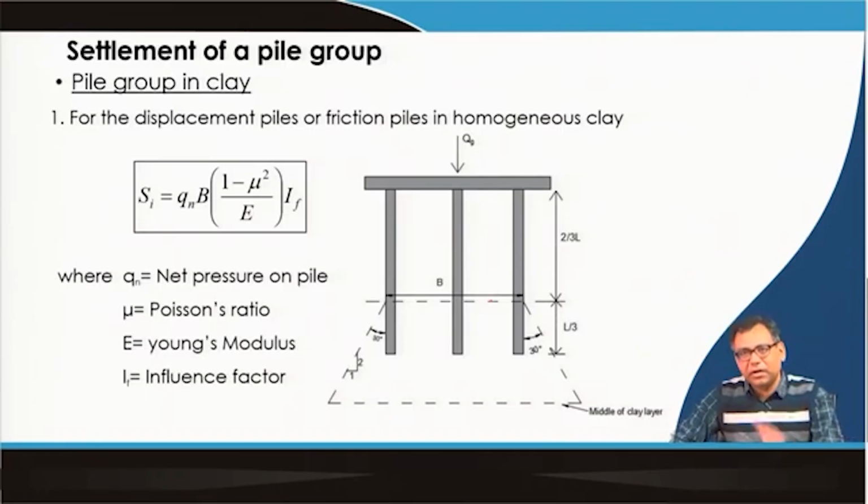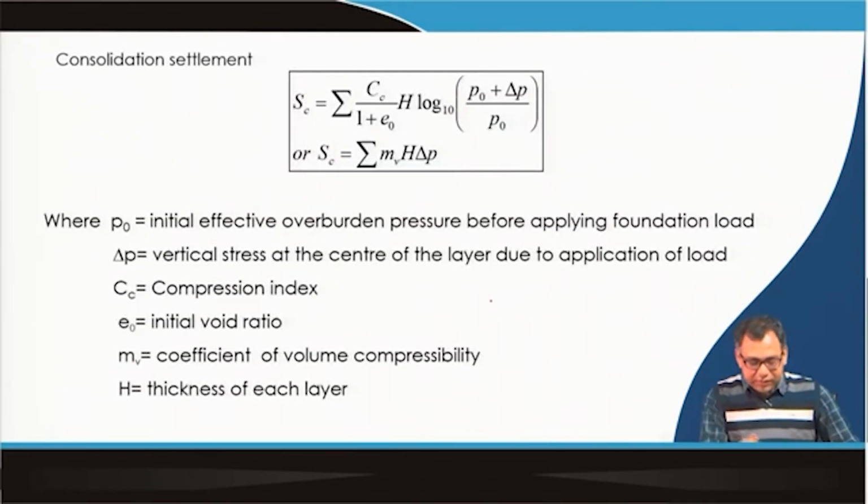A similar process applies here, but you place the raft at 2/3 depth from the top of the pile if it is a homogeneous clay. Then there will be a 1:2 distribution, and we calculate the immediate settlement and the consolidation settlement, same as the raft design for a shallow foundation.